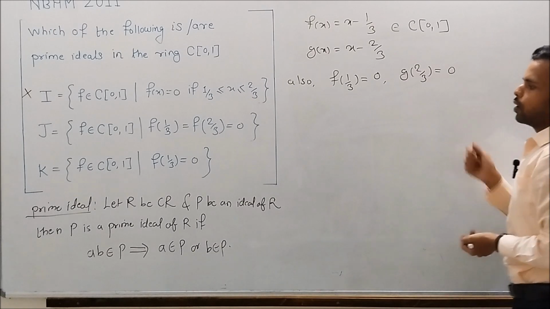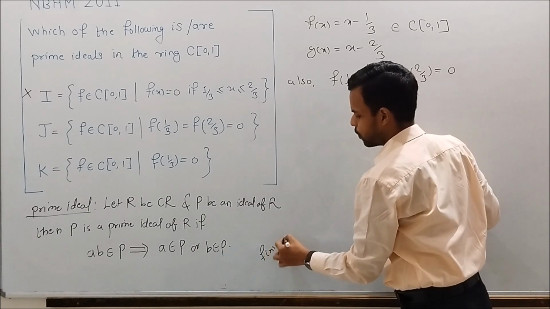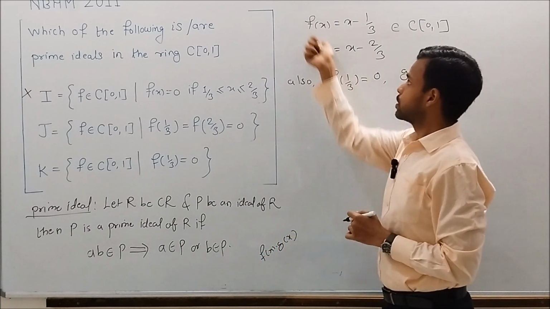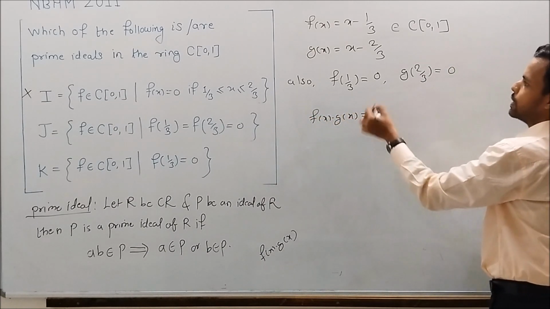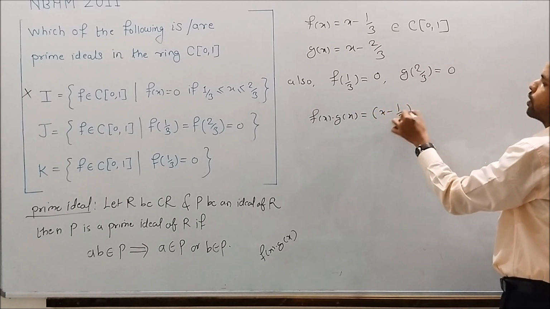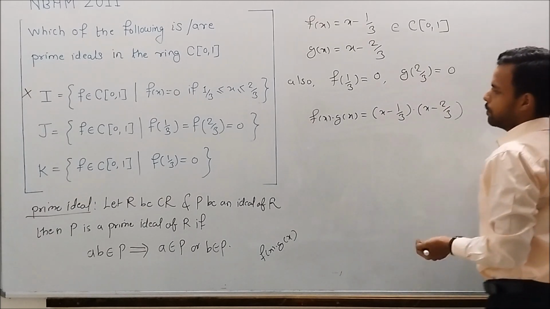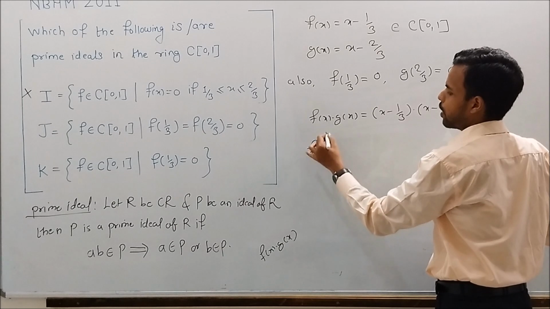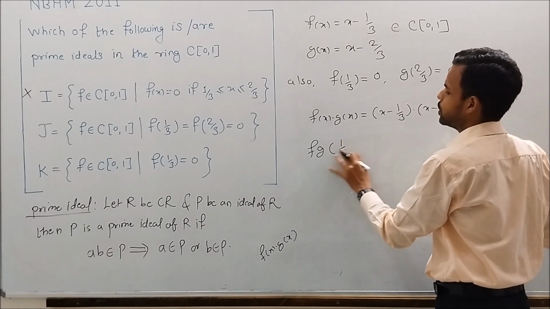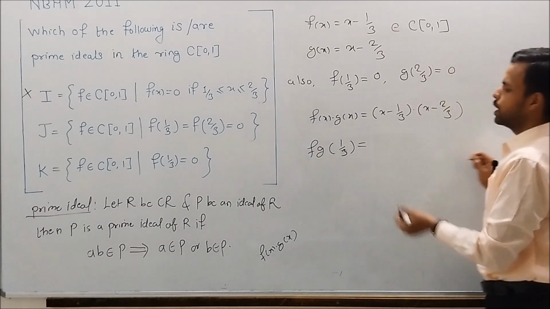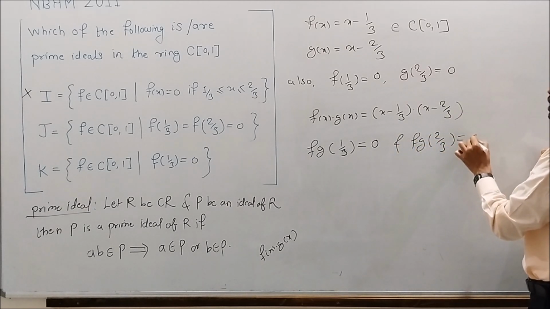Now, consider the product of these functions. Product means f(x) times g(x), not the function composition. So fg(x) = (x - 1/3)(x - 2/3). Clearly, fg(1/3) = 0 and fg(2/3) = 0.